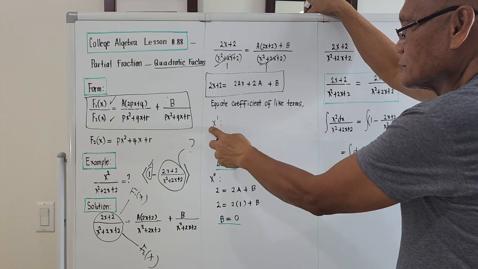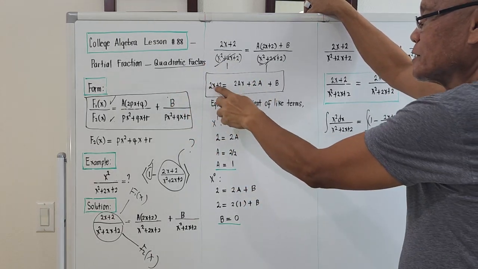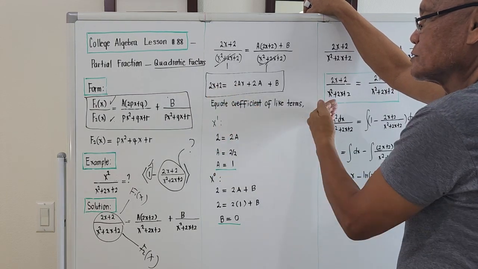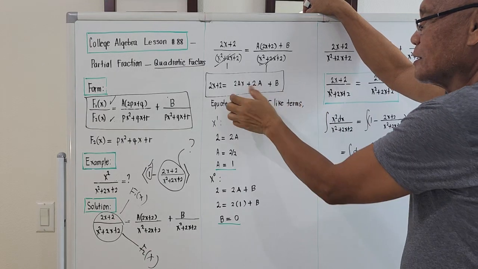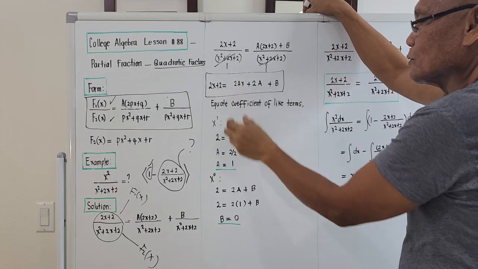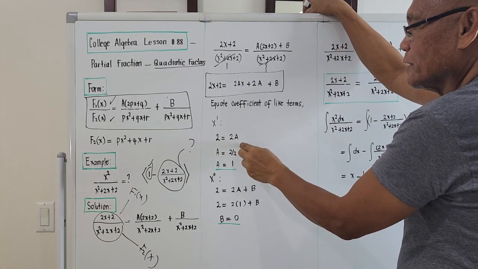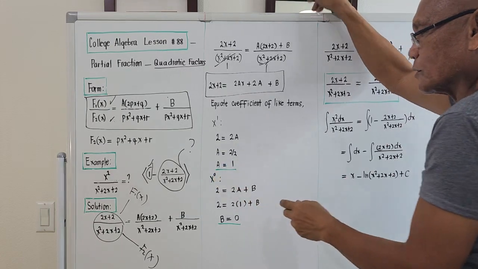For the left hand side, the term that contains x has coefficient 2. This should equal the right hand side, where the coefficient is 2A. So 2 is equal to 2A, therefore A is equal to 1.